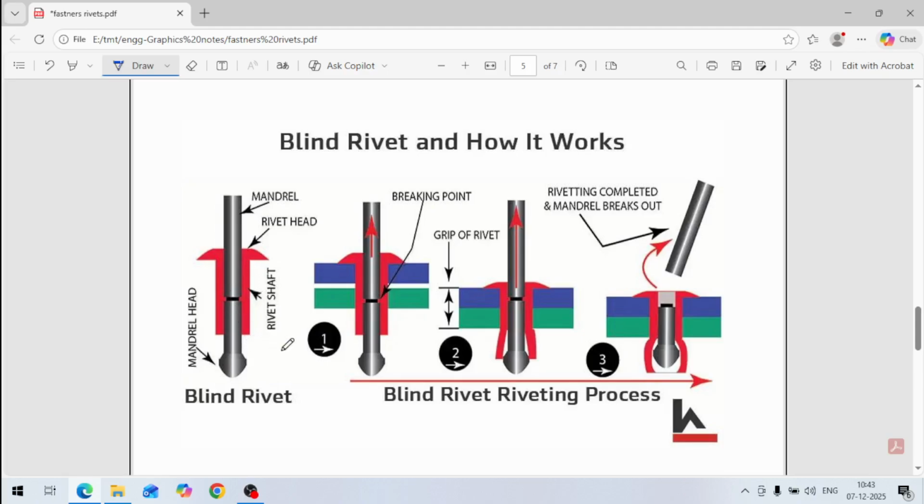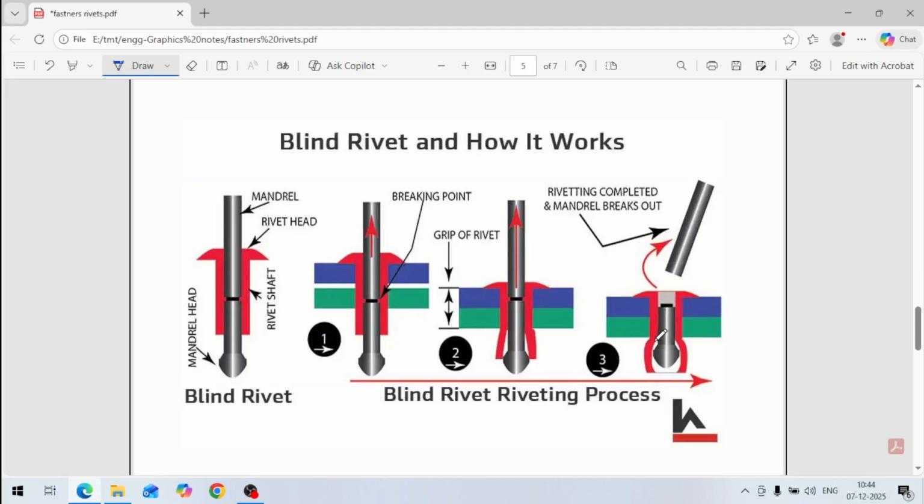In the first stage, we insert it between the two plates like this. In the second stage, this is the grip of the rivet, and we pull the mandrel in the upward direction, and then the bottom portion of the rivet flares up like this.